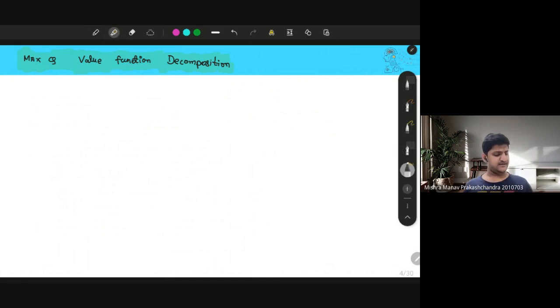Okay, and we'll look at it by looking at the taxi world domain kind of a problem. Okay, before that, just to give you an intuition about what the MaxQ framework is.